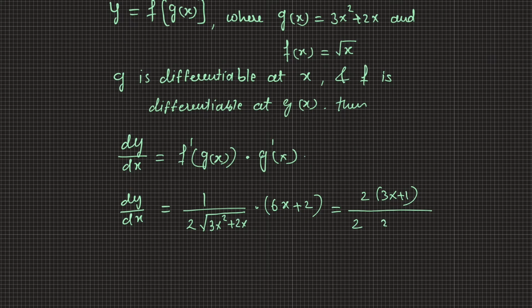Taking a common factor of 2 in the numerator, we obtain 2 times 3x plus 1 divided by the denominator. Cancelling out 2, we obtain dy/dx equals 3x plus 1 divided by root 3x squared plus 2x.